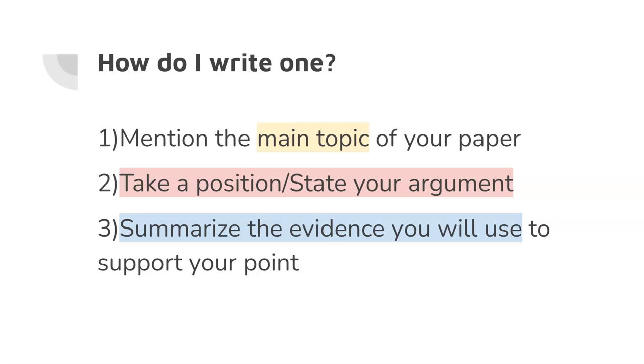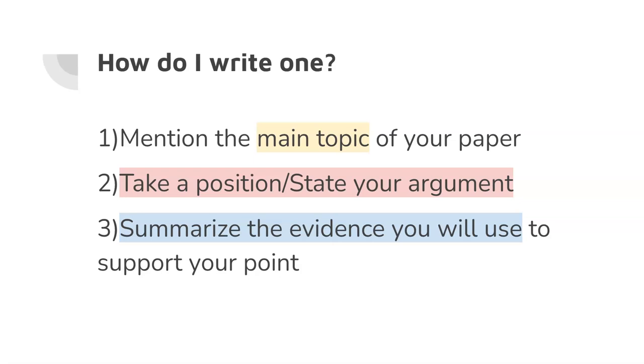Then you want to take your position or state your argument, if it's an argumentative piece. So that's you going, okay, this is my answer to the question I'm being asked about this topic. I'm saying, yes, cats are better than dogs. Or I'm saying, no, cats are not better than dogs. That's my position. That's the argument. That's what I'm going to argue in this paper.